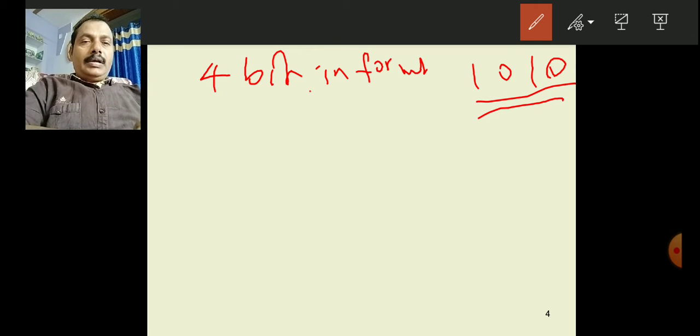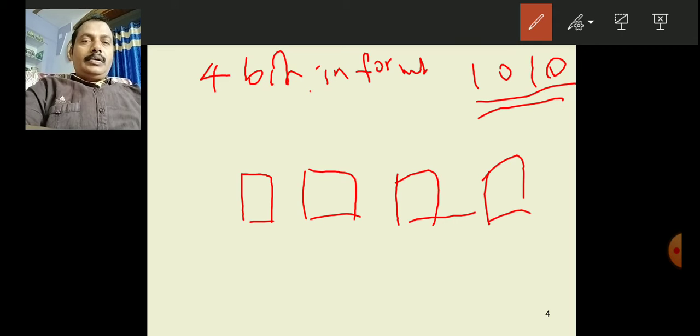Then what I have to do is take 4 flip flops like this, and whatever flip flop you take, SR, JK or D, you have to store 1 here, 0 here, 1 here, 0 here. That means you have to set this flip flop, reset this flip flop, set this, reset this according to the requirement. So this is called storing the 4-bit information in the 4-bit register.